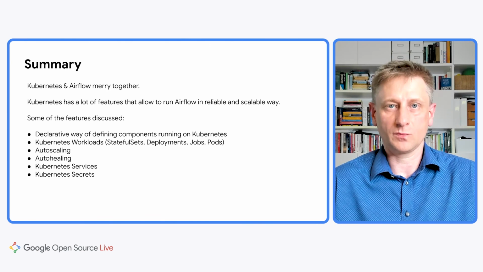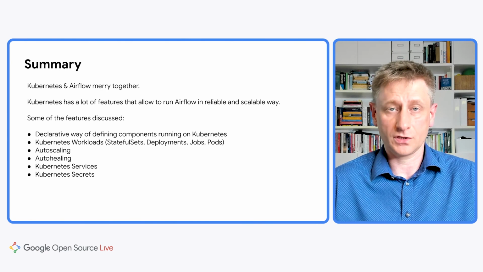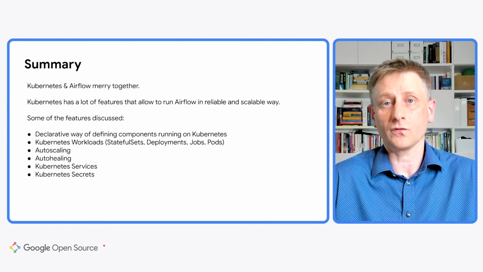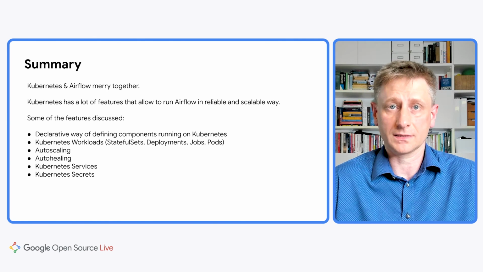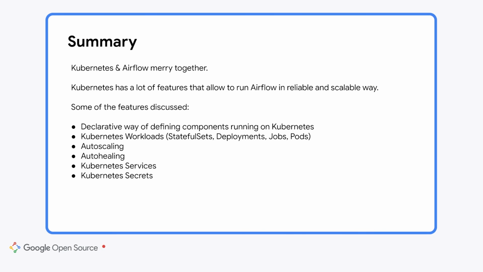So in summary, as you can see, Kubernetes and Airflow married together. Kubernetes is a very rich platform, and it has a lot of features to offer to Airflow. So Airflow can be run in a reliable and scalable way on Kubernetes clusters. The features that we focused on today are the declarative way of defining components and adjusting workload types to the needs of those components.